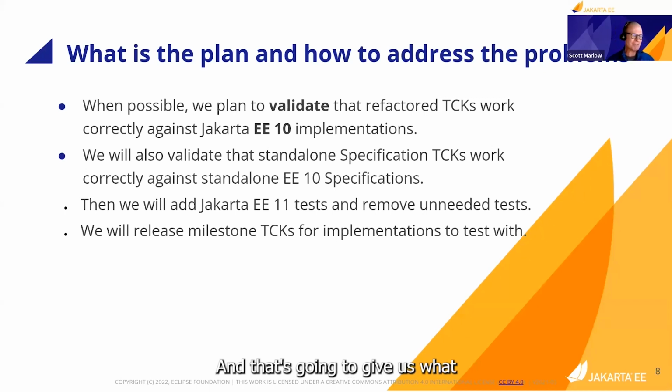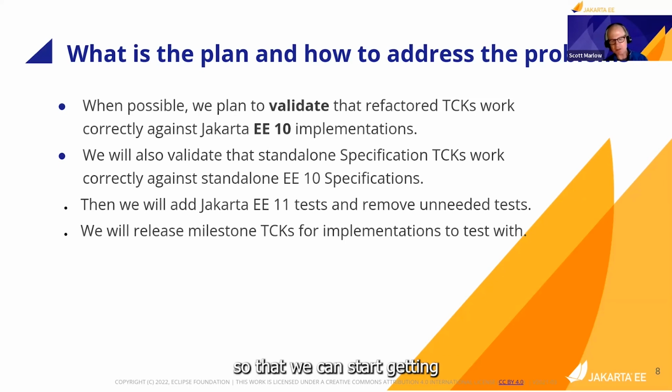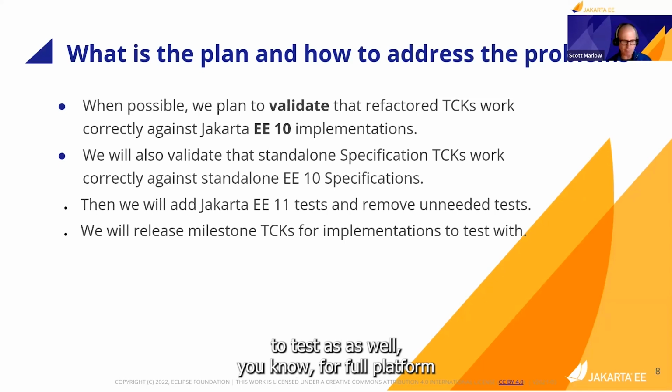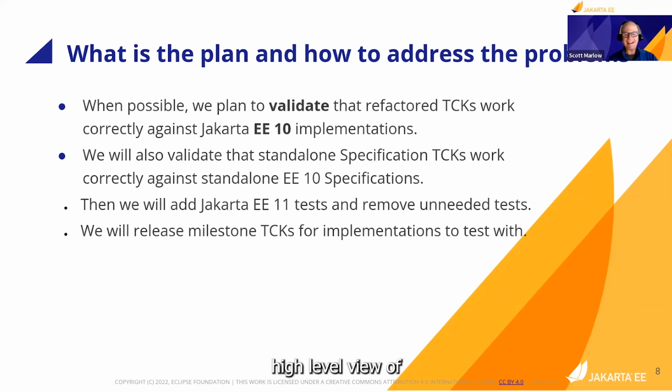And that's going to give us what we'll need to release a milestone release for EE11, so that we can start getting standalone specifications testing with their TCKs, as well as the platform implementations to test as well, for full platform, web profile, core profile, and whatever else we might add in. So that's the high level view of what we'll be looking for occurring.